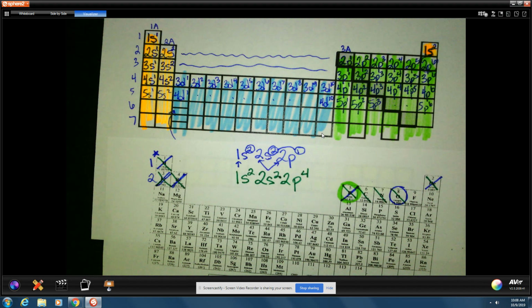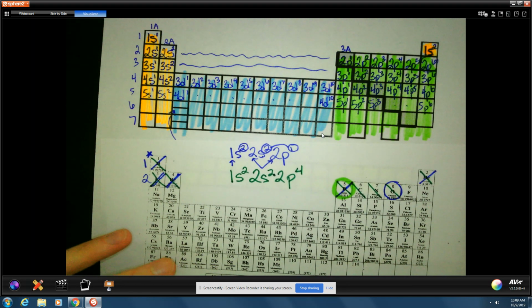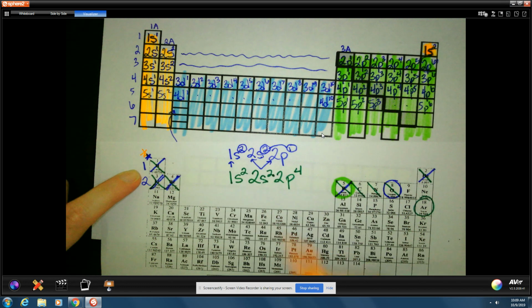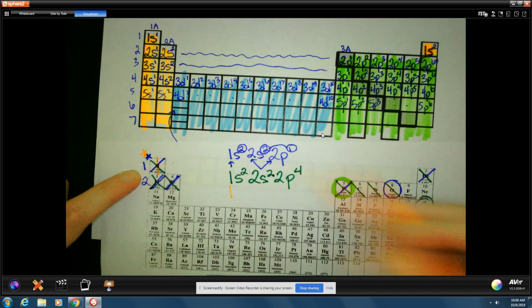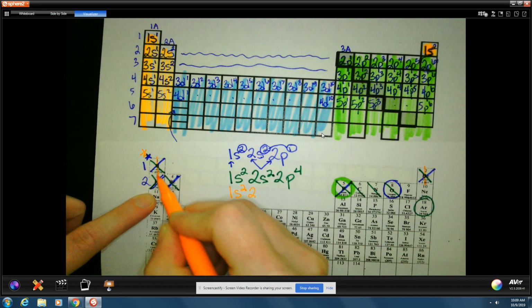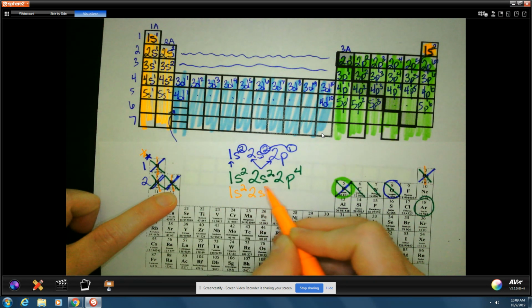All right, now let's do argon. Why not? Let's do argon, but this time I'm going to switch to orange. So with argon, you start up here. So energy level 1, there's 2 in the S block. Energy level 2, there's 2 in the S block.